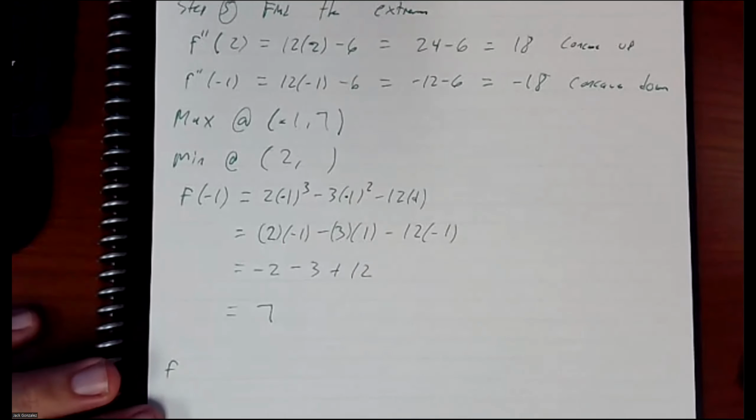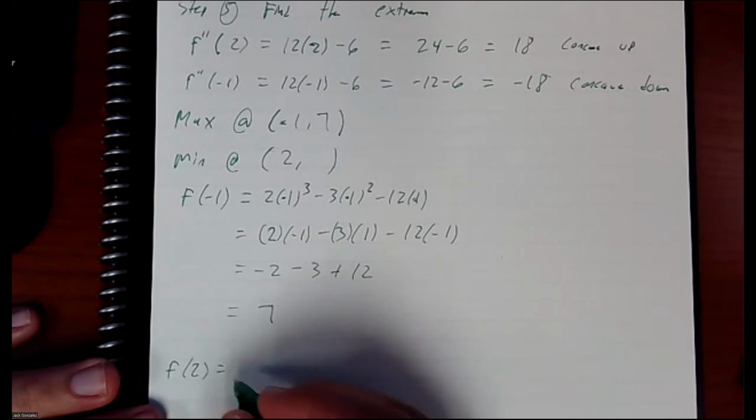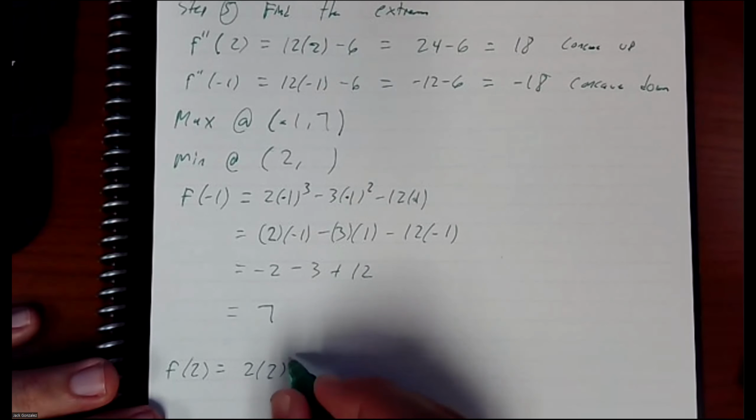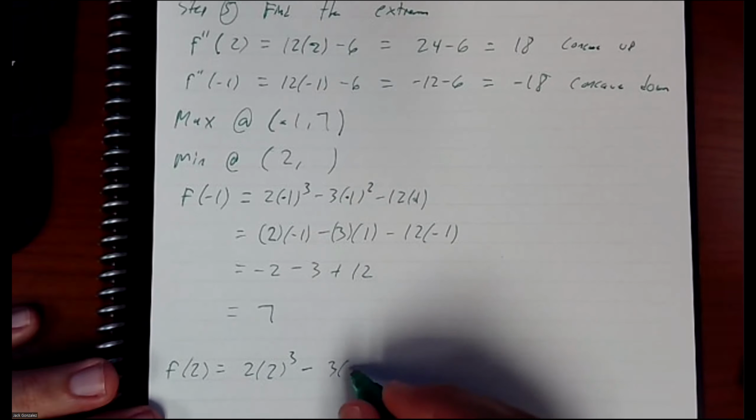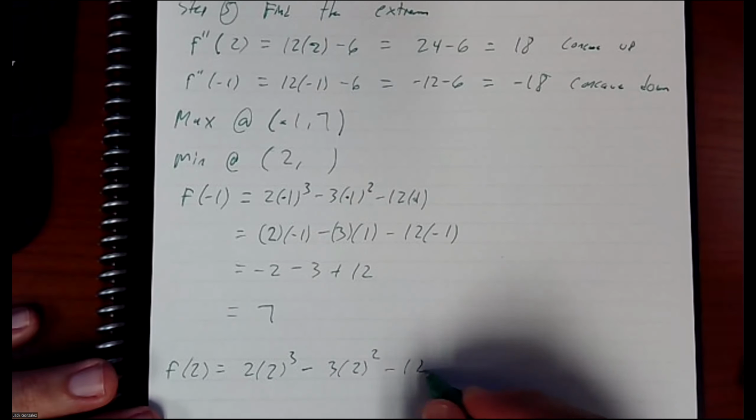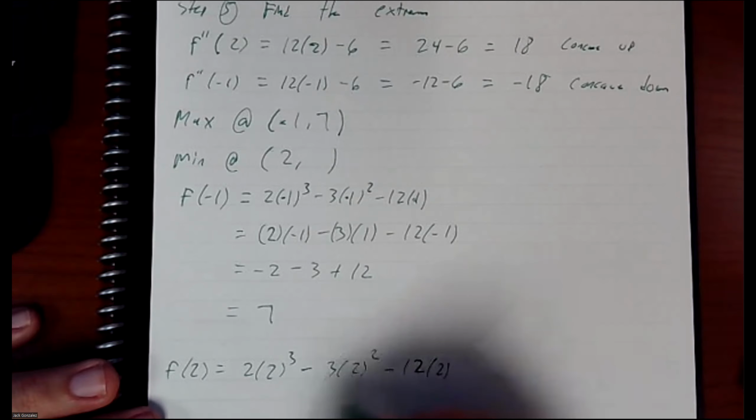Then I'll do the same thing for 2. It's 2 times 2 cubed minus 3 times 2 squared minus 12 times 2.